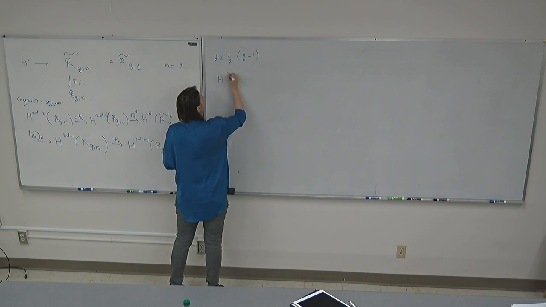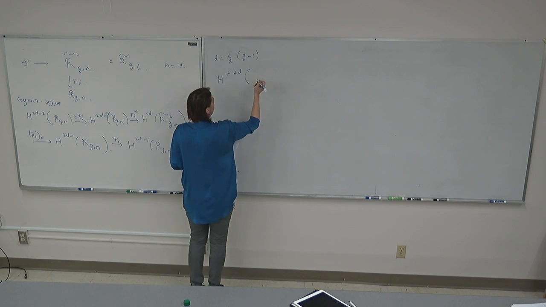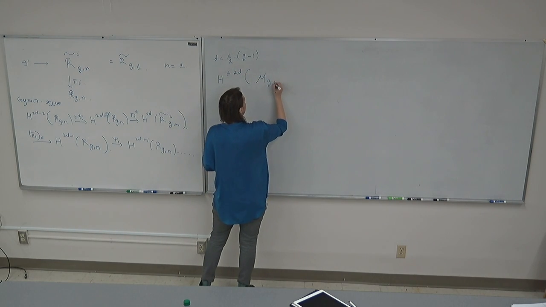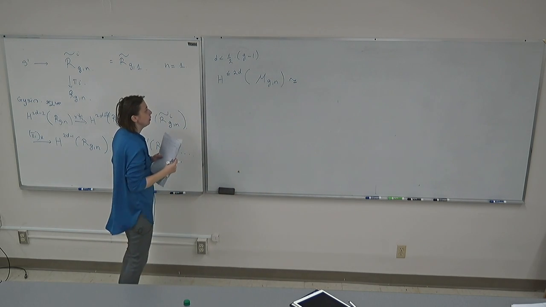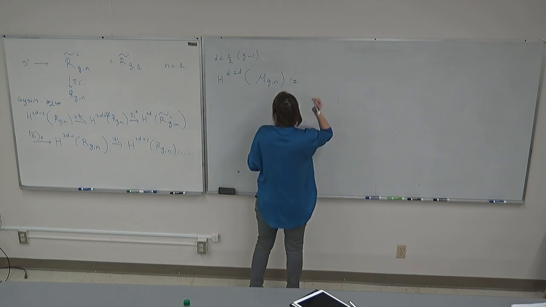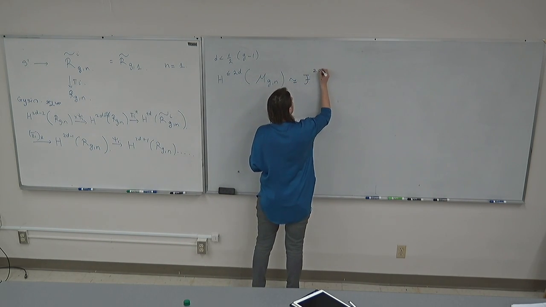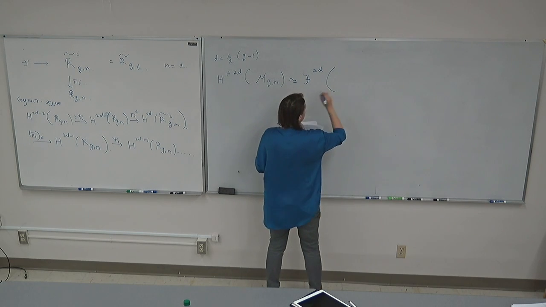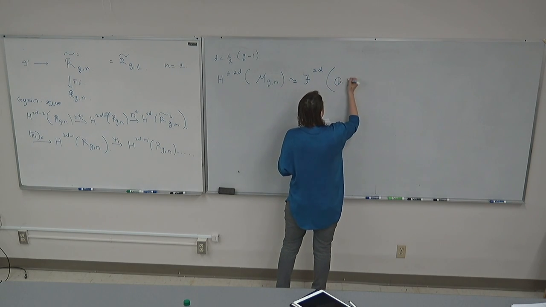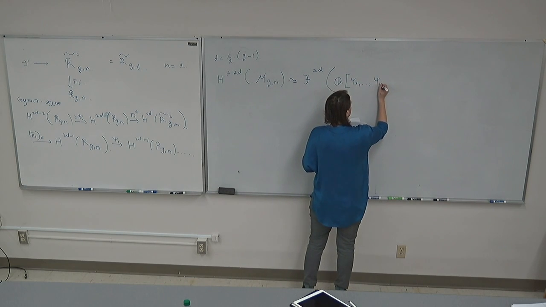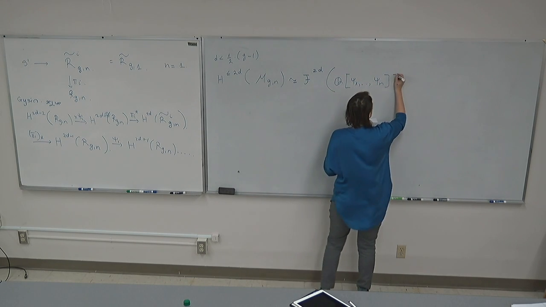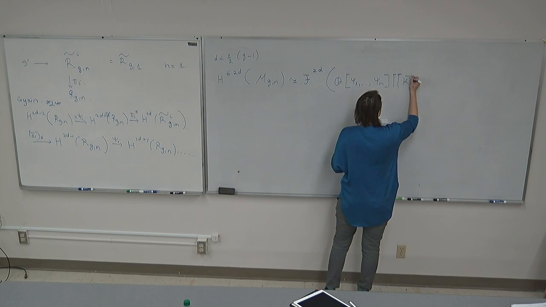This means that the cohomology up to degree 2d of the moduli of smooth curves of genus g and n marked points is the filtered part of degree 2d of the ring where I have the free generators of the psi classes and then the kappa classes.